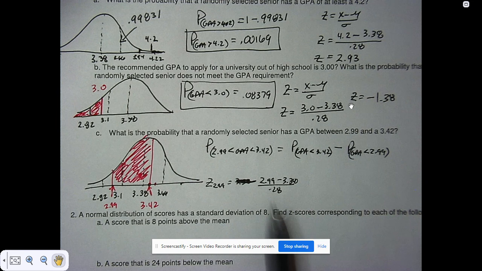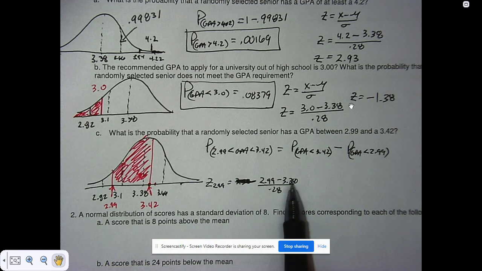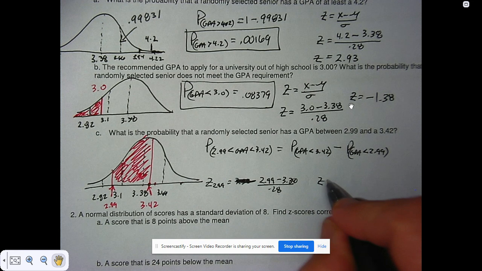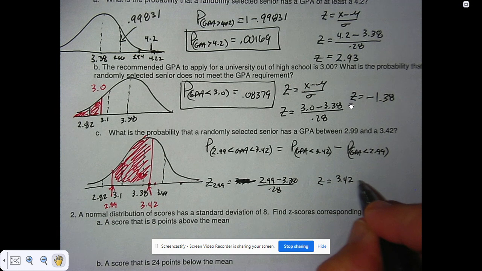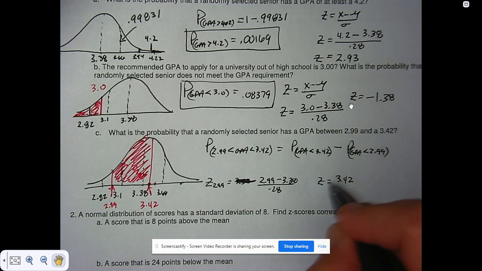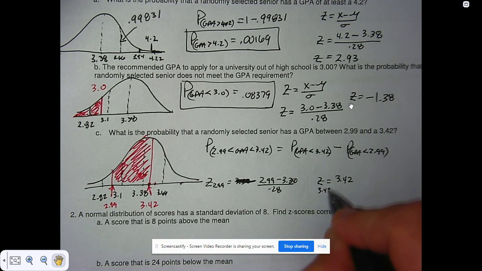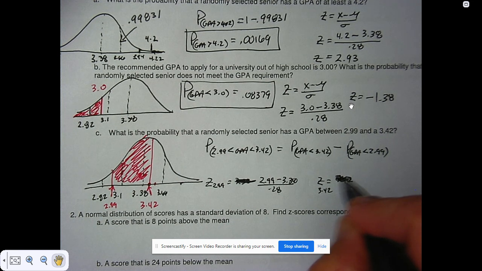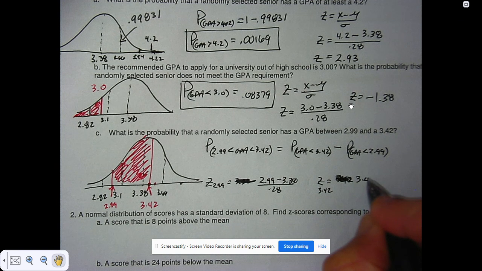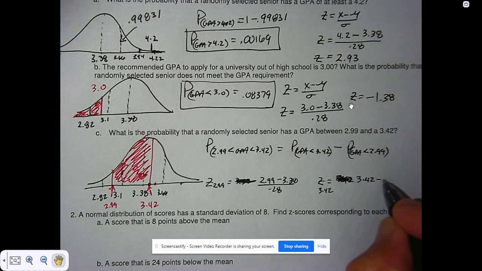Okay. The score we're looking for, the 2.99 minus the mean divided by the standard deviation. And then the z-score for the 3.42 is going to be, oh, I messed that up. 3.42 minus 3.38 divided by 0.28.